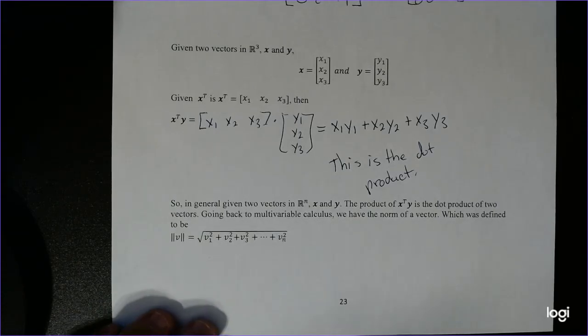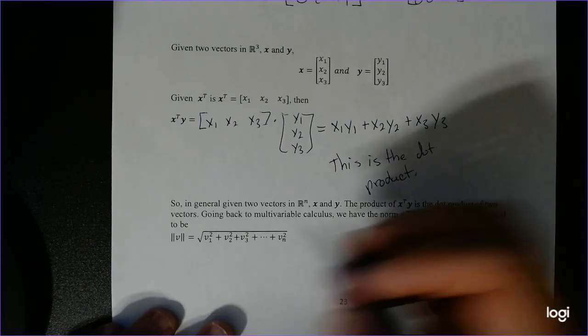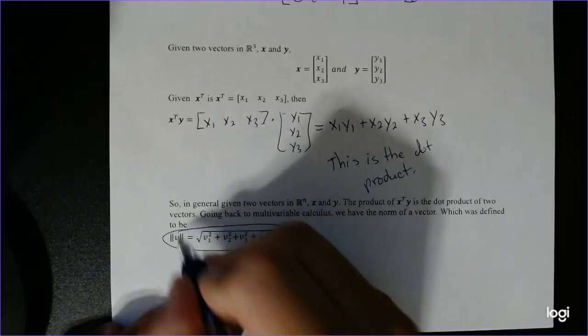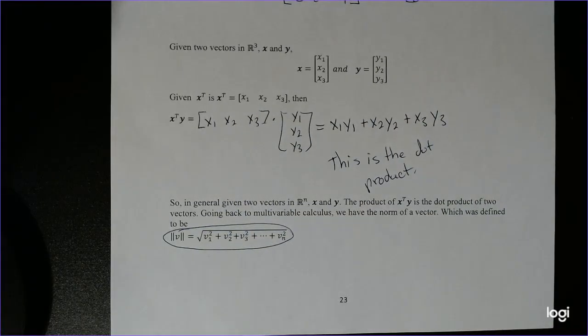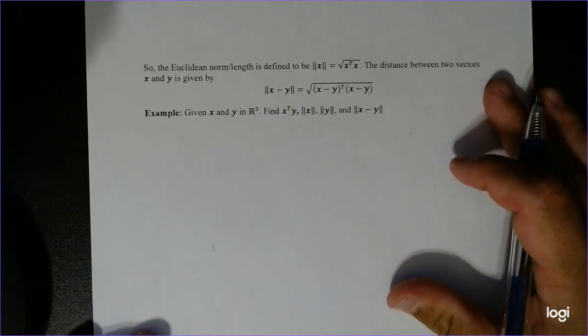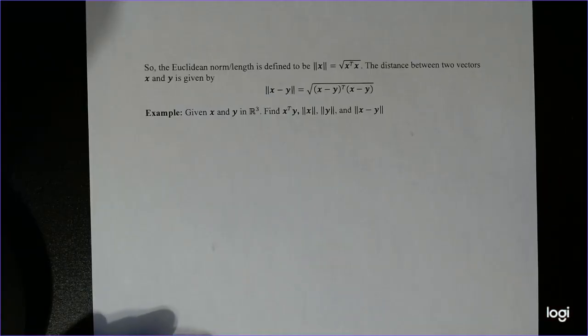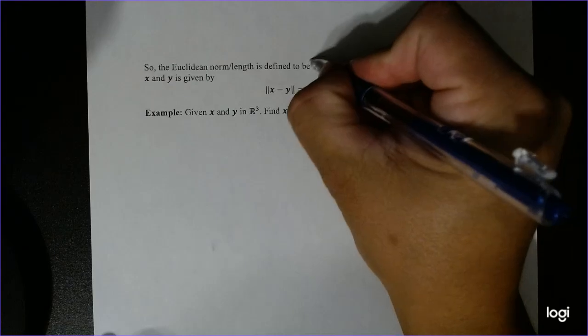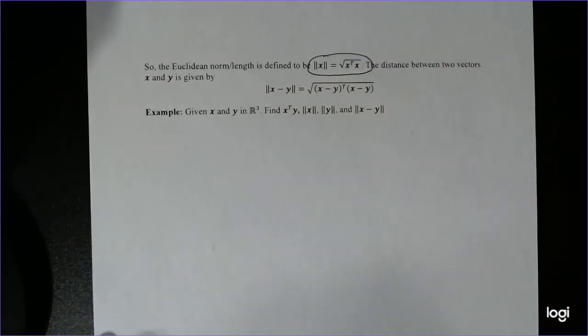So in general, given two vectors in Rn, the product is the dot product, like I said, of two vectors. So going back to multivariable calculus, we can now find the length of the vector. More precisely, when we talk about Euclidean space, another name for this is the Euclidean norm, or Euclidean length, which is given to be this, and it's going to be our main focus.